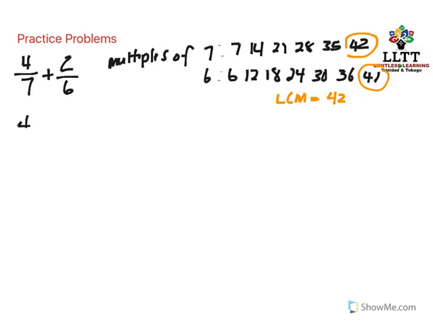Now I have to change 4/7 and 2/6 into something where my denominator is 42 for both of them. Looking at the first one, if I multiply 7 by 6, I get 42. So I'm going to multiply my numerator by 6 as well. So 4 times 6 is going to give me 24.